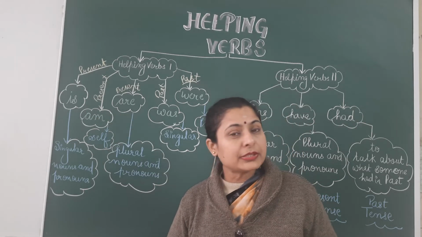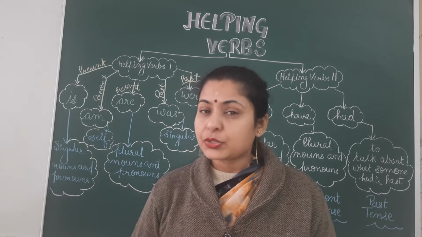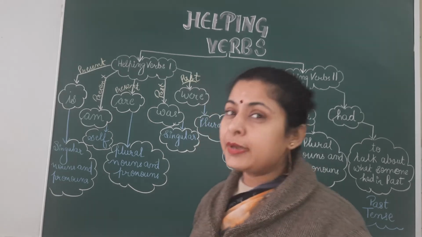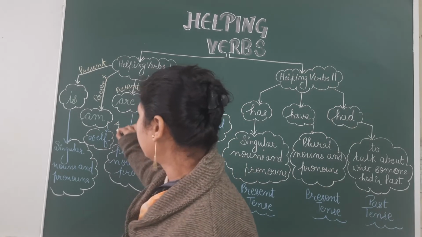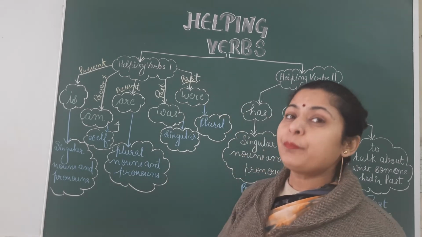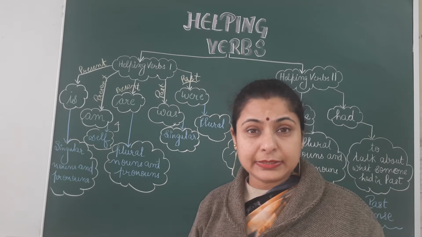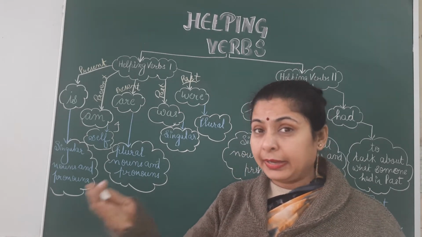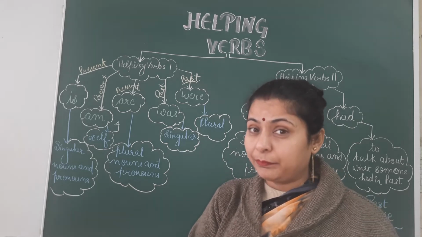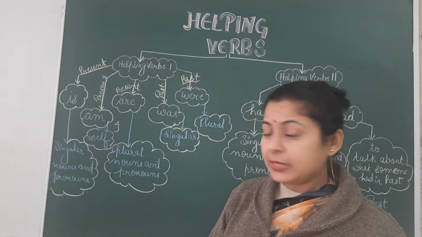Now let us understand the use of word am. Am is always used with the sentences about self, right? So it is always used with the word I. Right? So I am looking outside. I am a girl. I am a mother. I am a teacher. Right?